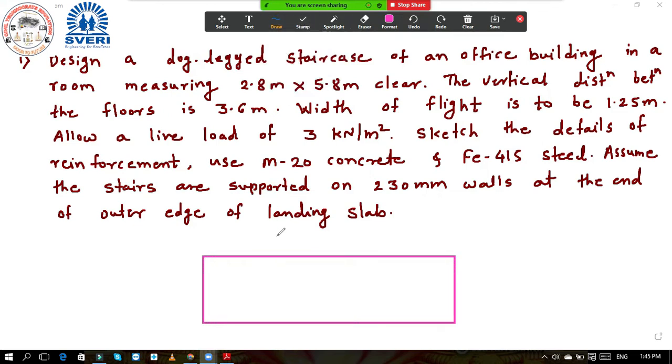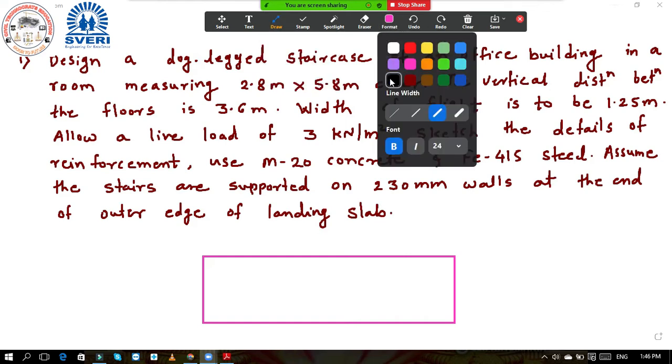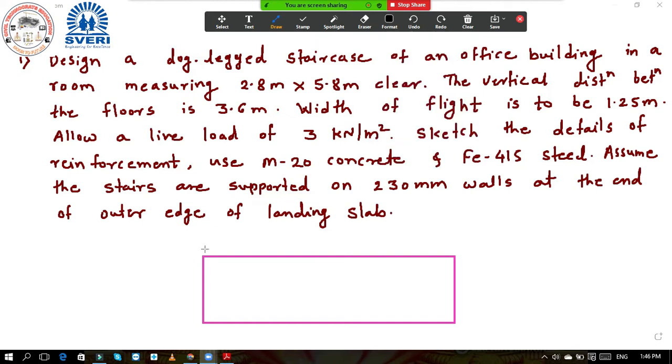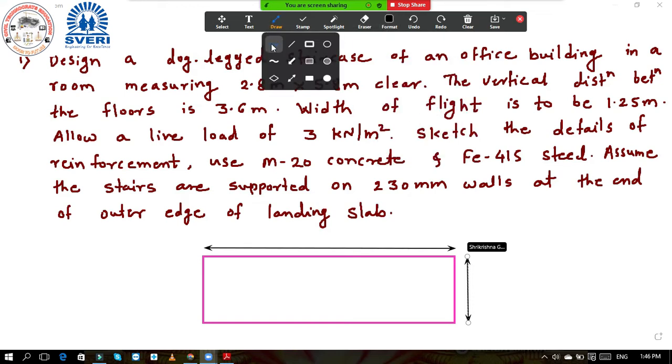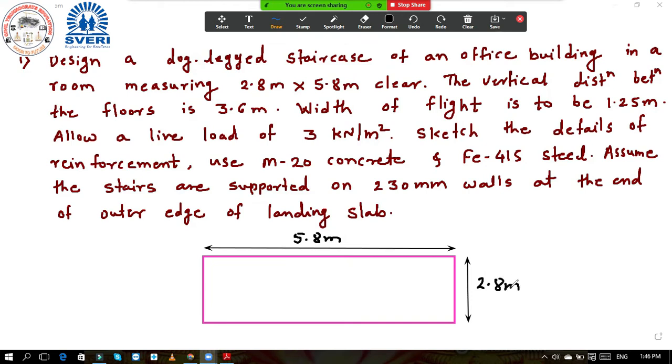This total distance, from this point to this point, and from here to here, this much. This total distance is 5.8 meter and this is 2.8 meter. Okay, it is given to you.